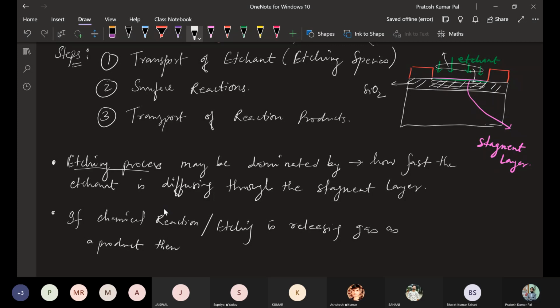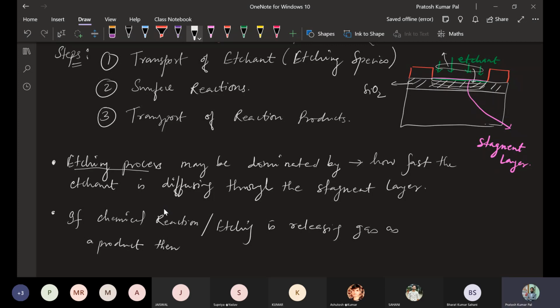Okay, so if the gas is released, it will be removed, and the etchant will directly reach the stagnant layer.